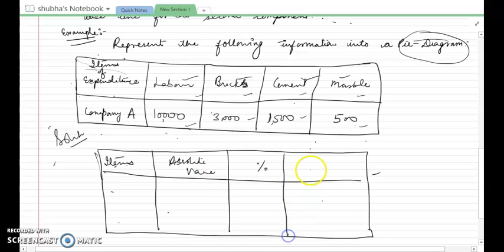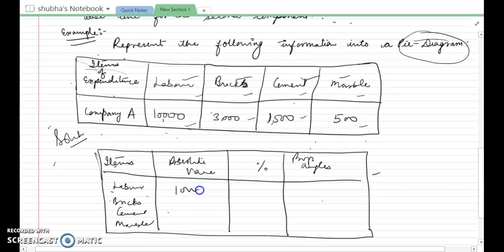And then we have to convert it into degrees, proportionate angles. So suppose first is labor, then bricks, cement and marble.